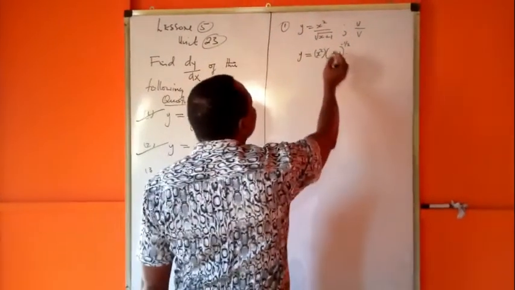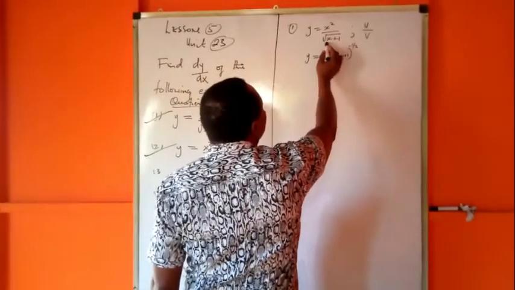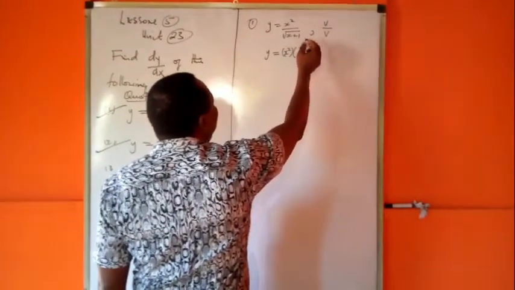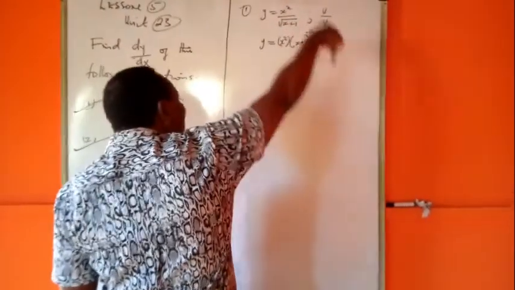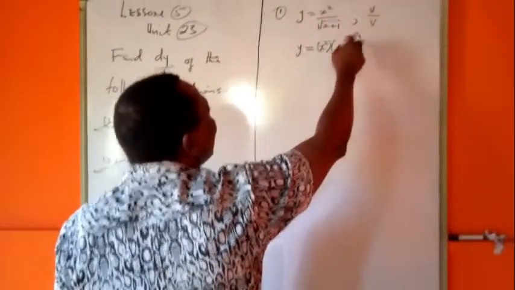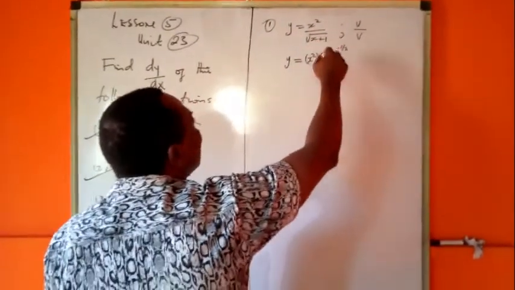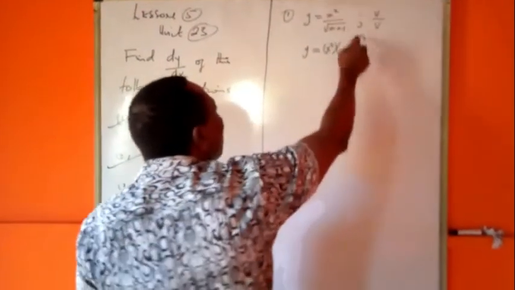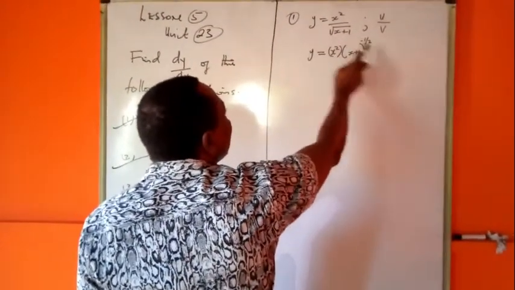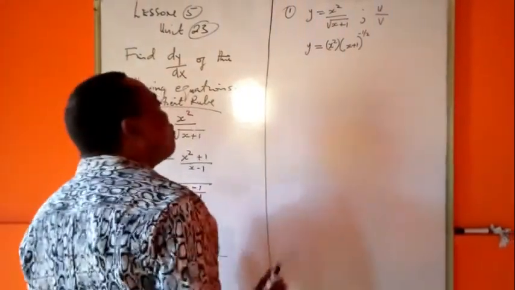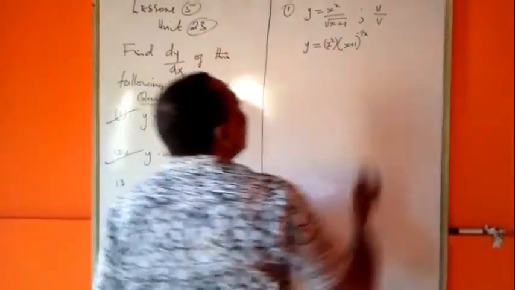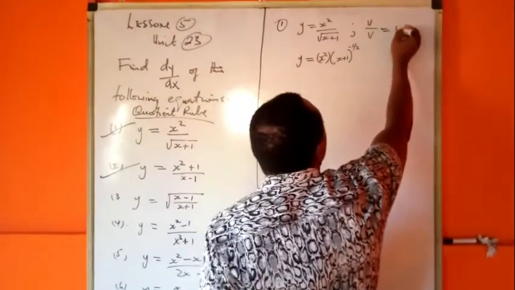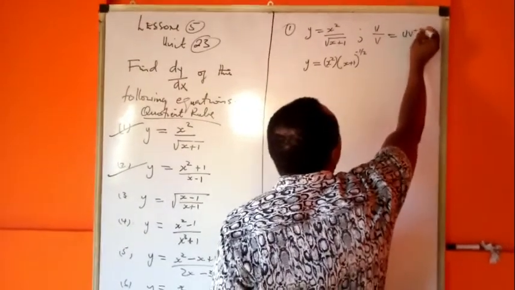You should know that your root is half. When you take it up as a numerator, then it becomes a minus. So, taking it up, minus, the root is half. So that is what you are understanding. So, we can also say that this one is u v to the minus 1.